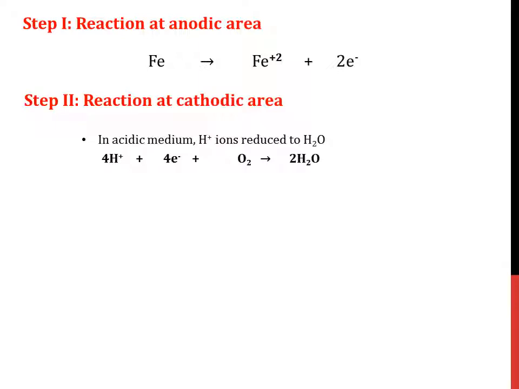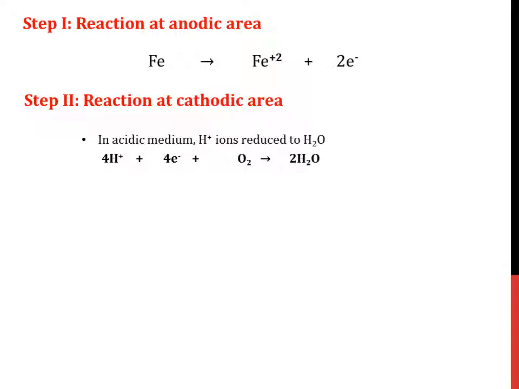So, generally, the electrochemical theory of formation of rust says that when iron is exposed to the environment, anodic and cathodic areas are formed, resulting in minute galvanic cells, and corrosion takes place near the anodic area by oxidation reaction, and electrons are liberated.